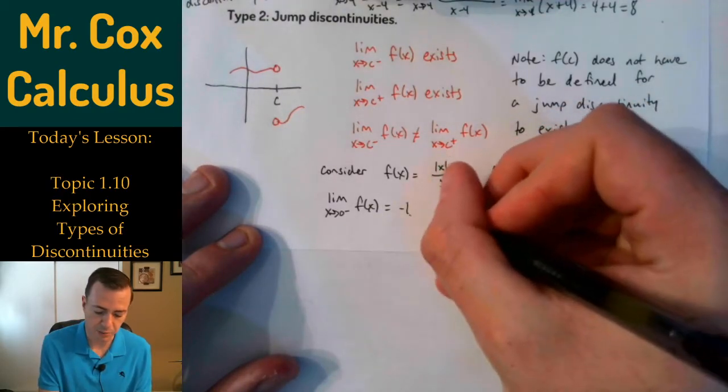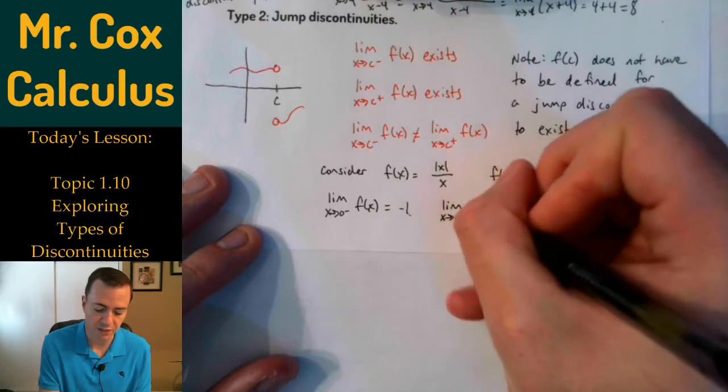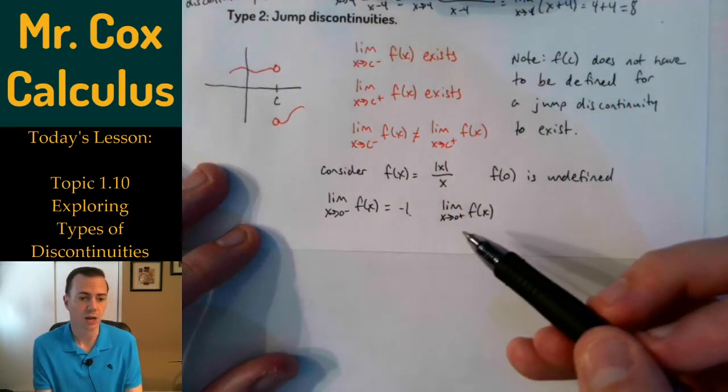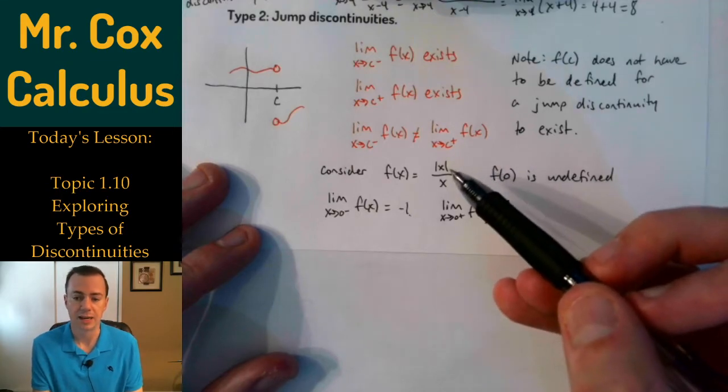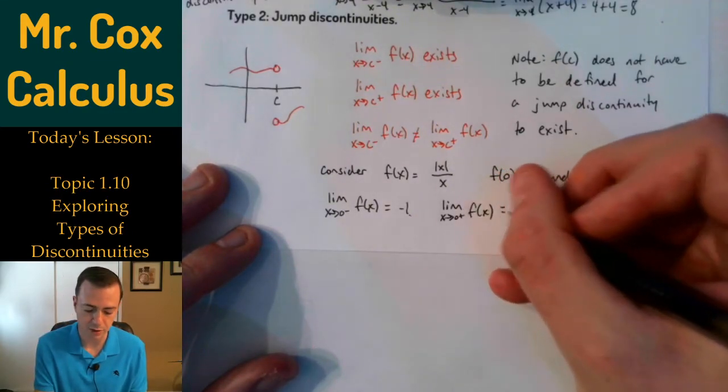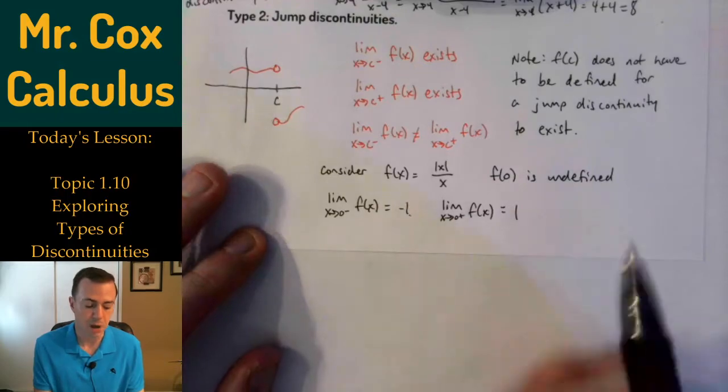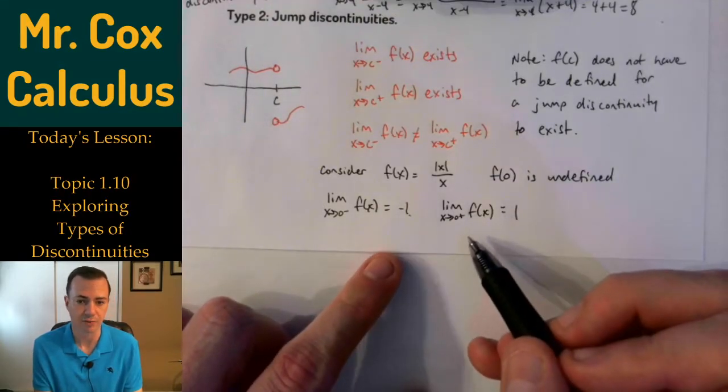And the limit as x approaches 0 from above of this given function, so now we're talking about positive values, it ends up being divided by itself, and as we saw, that was equal to +1 coming at it from the right side.